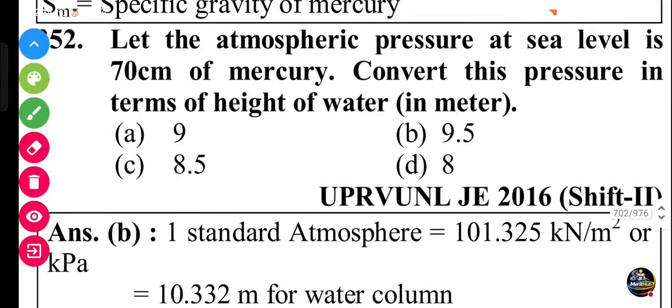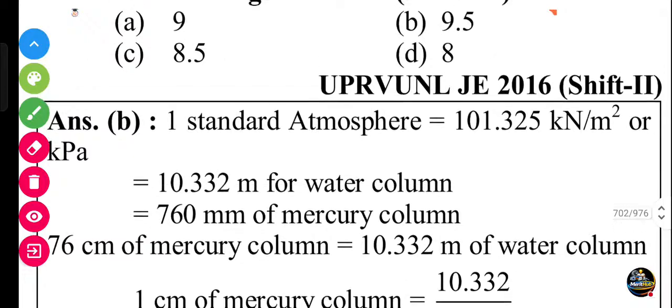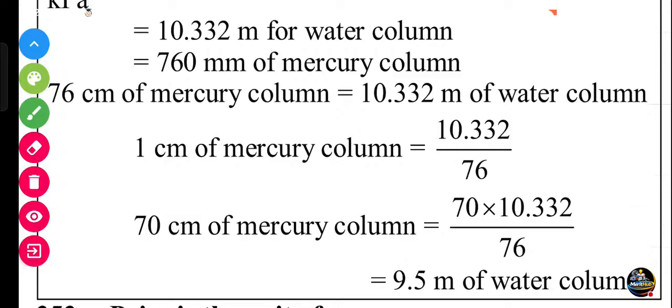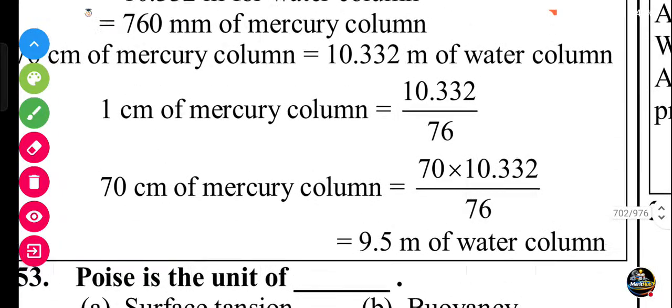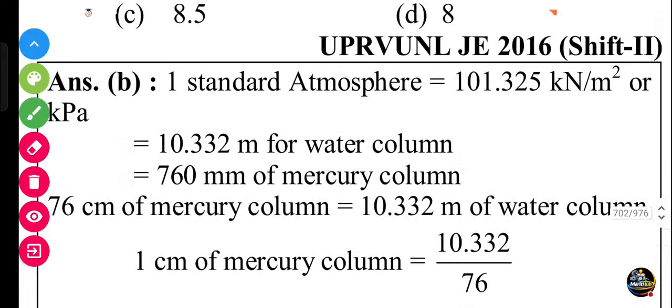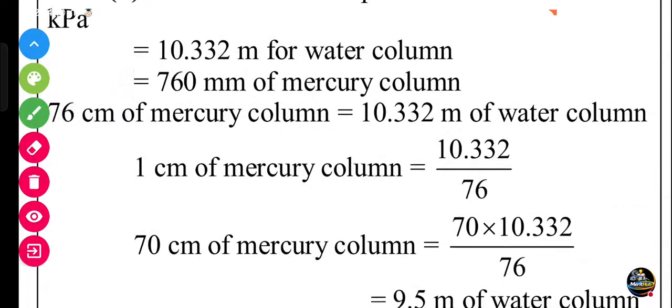Sorry, 9.5 meter of the water column. Here, for solving, 70 centimeter of the mercury column equals 9.5 meter of the water column.